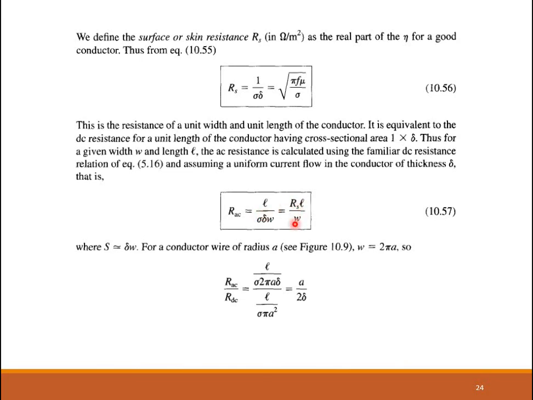Sorry, it is expressed in terms of the surface or skin resistance RS. And the ratio of AC to DC resistance is given by this particular expression. So see, capital S in the expression for DC resistance actually stands for the area.